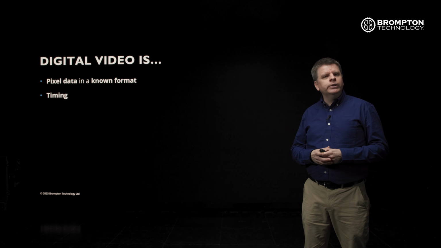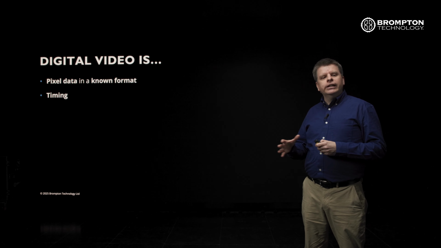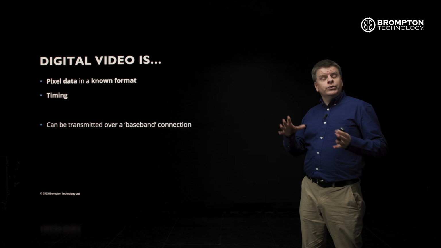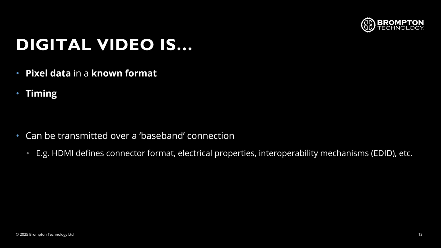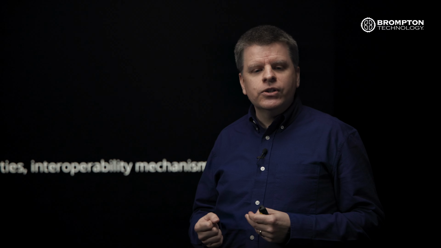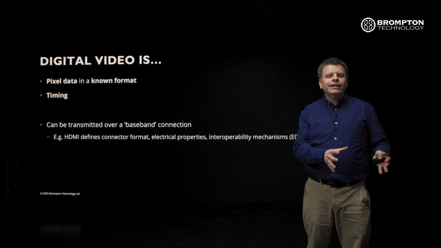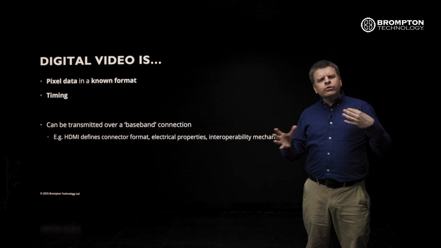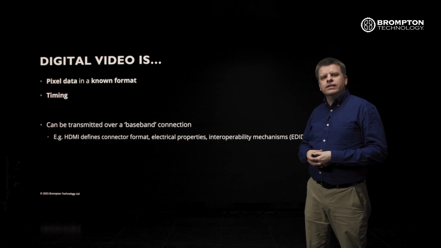But there's one other thing that we need to consider as well. Now, normally, such a signal would be sent over something like a baseband connection. We're also going to talk about situations where that isn't the case in a minute. But if we think about something like HDMI, well, the HDMI standard covers pretty much everything that we need to be able to interpret that video signal. So it covers everything from the exact connector format through to the electrical details of the signal. There's interoperability mechanisms all built into the standard.